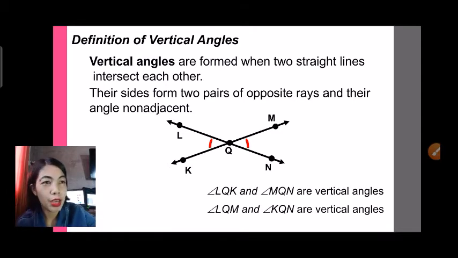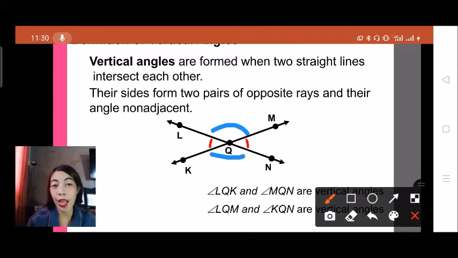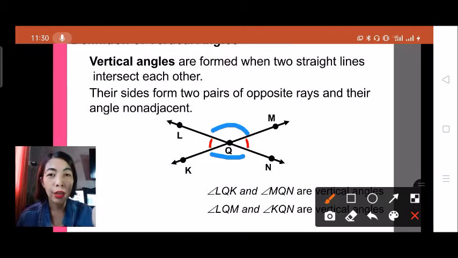Ito naman siya. See? LQM. And see? KQN. So, when two straight lines intersect, nakakabuo tayo ng two pairs of vertical angles. Opposite, magkatapat sila vertically.